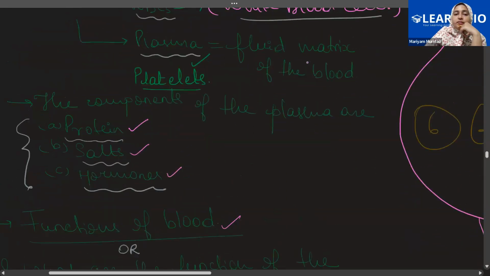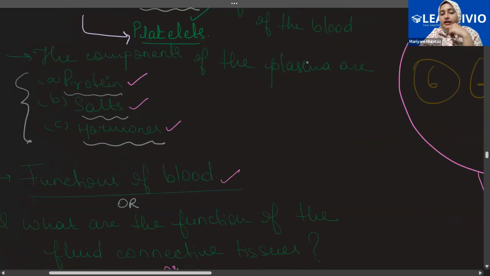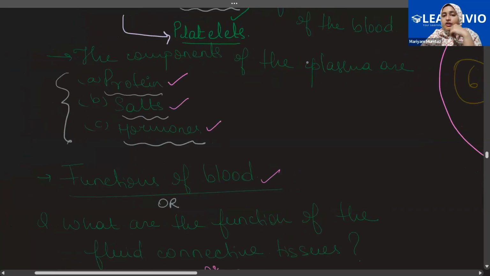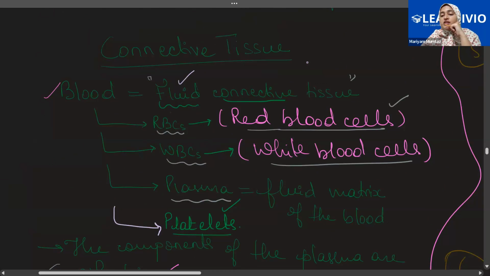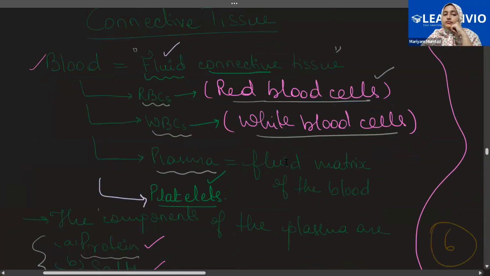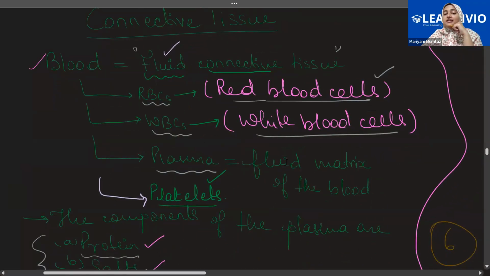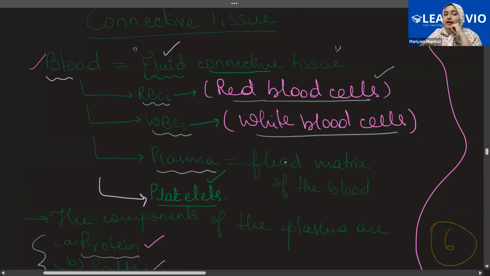Apart from that, the blood also contains platelets. Now, the platelets are the cells that are responsible for the blood clotting mechanism of our body. So, all in all, these components of the blood have their own specific functions to perform. And apart from that, they are responsible for transportation of gases, transportation of nutrients. All of these things take place by the blood only. Blood and its different components.